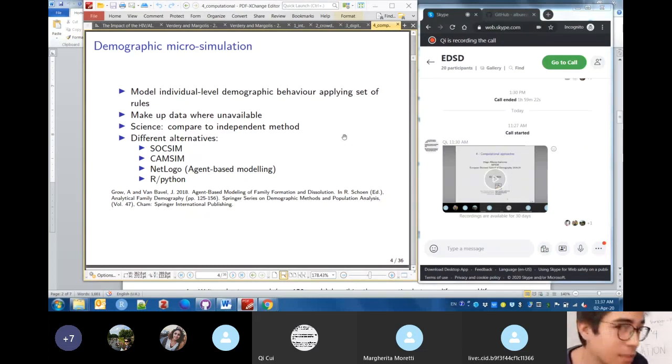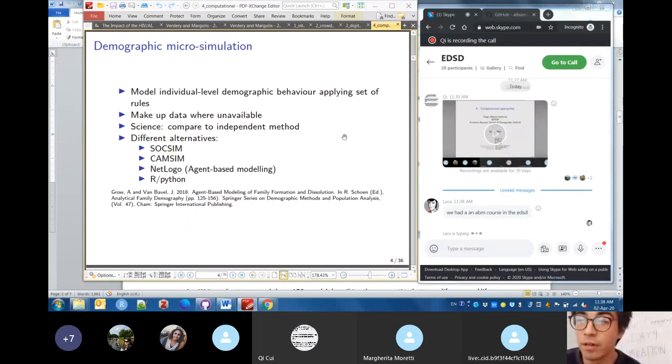If anyone has, could you write it in the chat, like yes, and a couple of words on what you have done or what you know about it. In the meantime, I'm going to give you a short introduction to what microsimulation is. Basically, what we are interested in when we think of demographic microsimulation is to model individual level behavior.